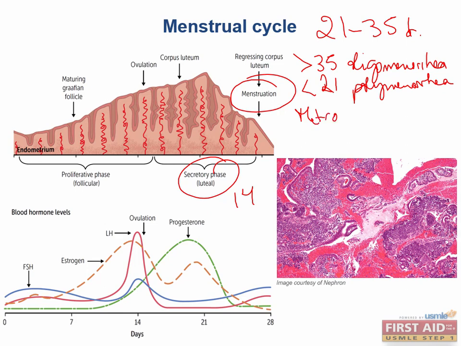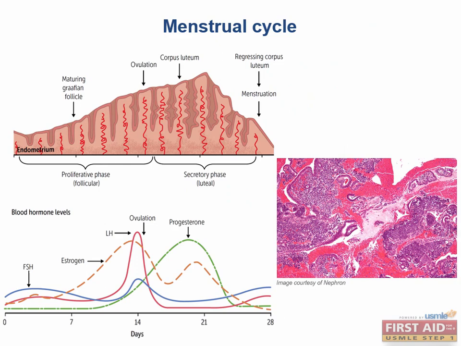Now, the term metrorrhagia refers to frequent but irregular menstruation, whereas the term menorrhagia refers to abnormally heavy and or long menstruation, yet still a regular cycle. So what is menometrorrhagia? Exactly, it would be heavy, irregular menstruation.